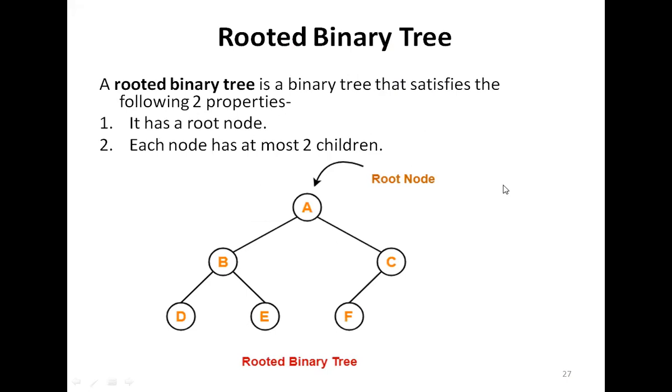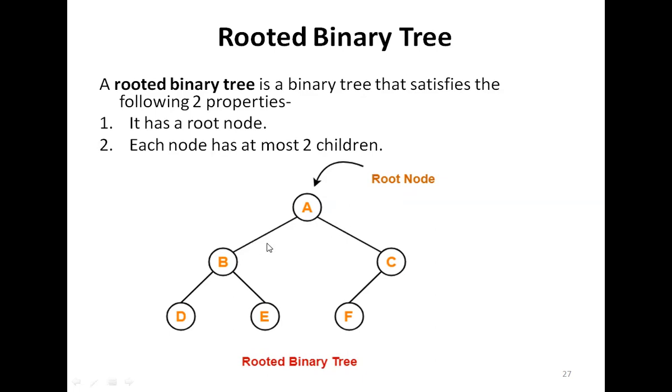A rooted binary tree is a binary tree that satisfies the following 2 properties. The first property is it has a root node, and then each node has at most 2 children. This is the diagram of a rooted binary tree. You can see it has a root node, node A, and each node has at most 2 children.